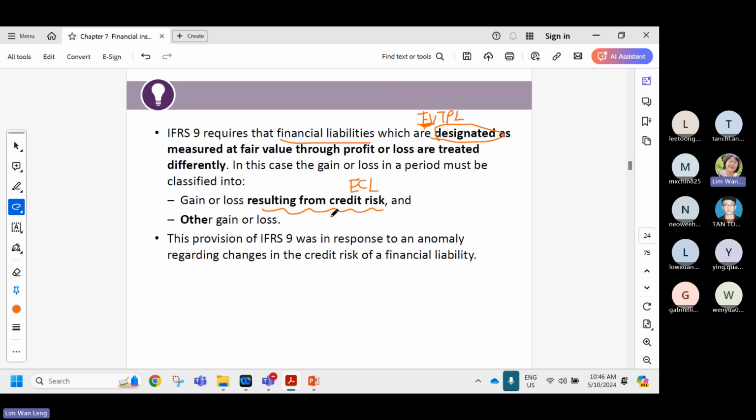So you differentiate the changes in the fair value because of credit risk and because of other issues. When you present it, you just need to split the two: classify into gains or losses resulting from credit risk, or other gains or losses due to other factors.